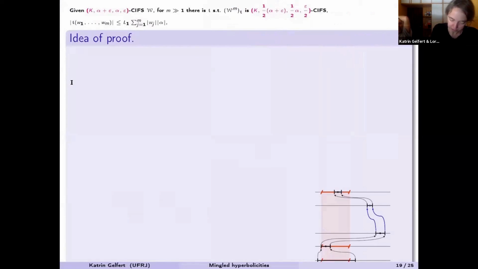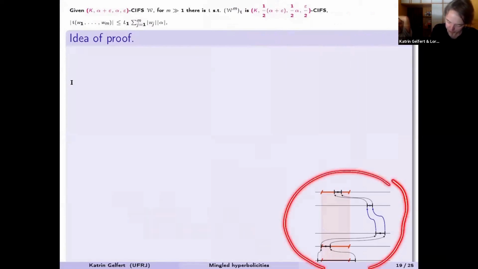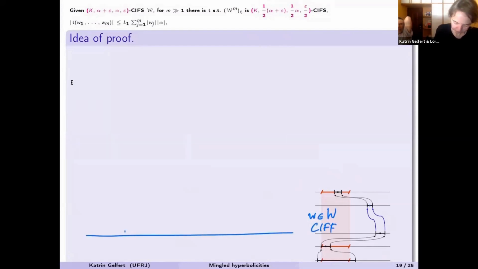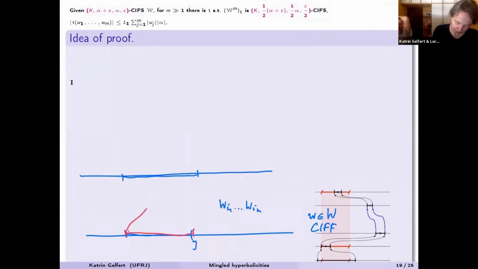So again, you start here from my contracting iterated function system, which gets you lots of words. Contracting iterated function system, which says that from your blending interval J, when you concatenate those words m times, then an initial interval, the blending interval for example, will shrink a lot.